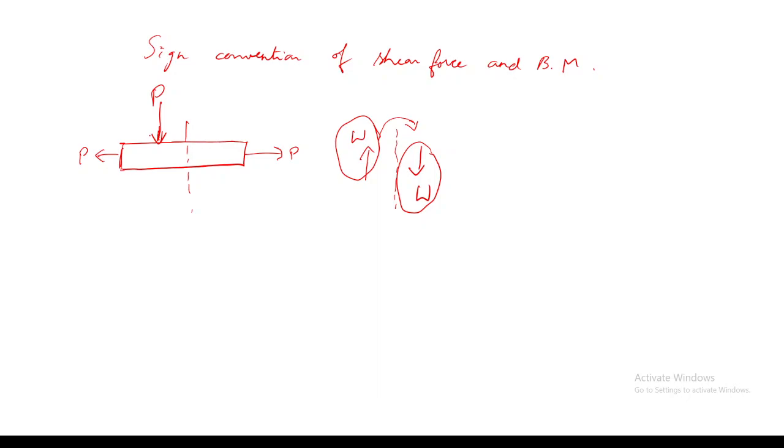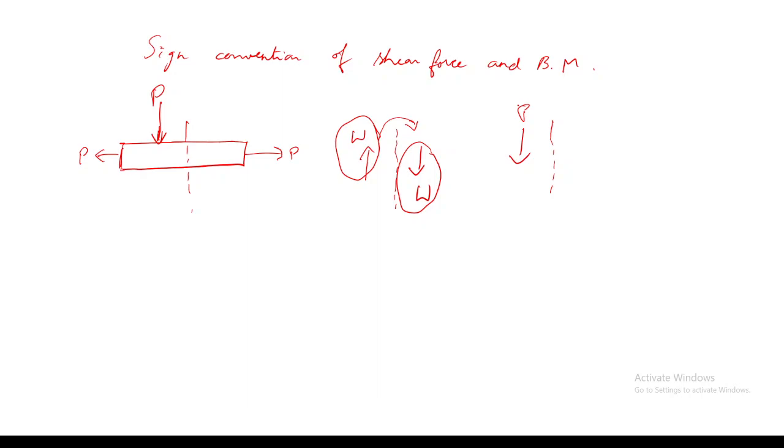So can you say whether this P is a positive shear force or a negative shear force? Yeah, this is a negative shear force. For example, the diagram which we have drawn is like this.